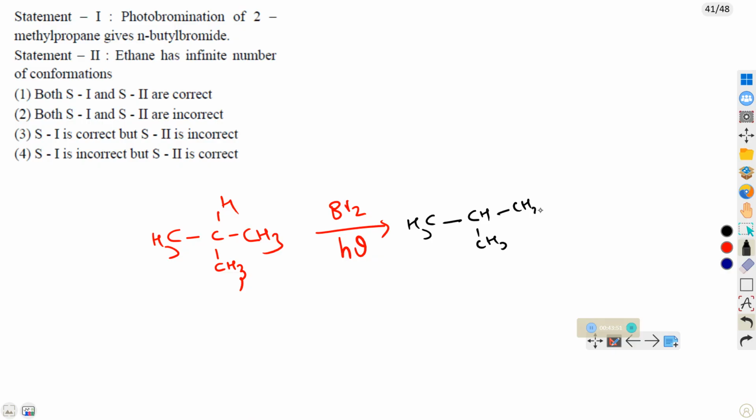It gives 1-bromo-2-methyl propane and 2-bromo-2-methyl propane. So the first statement is wrong. Ethane has infinite number of conformations, which is correct. Statement 1 incorrect, statement 2 correct.